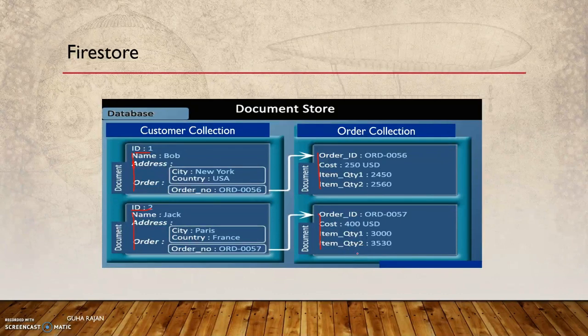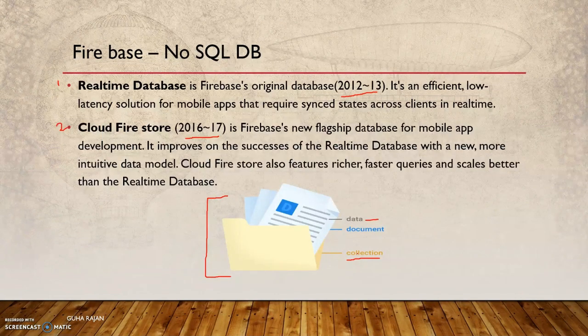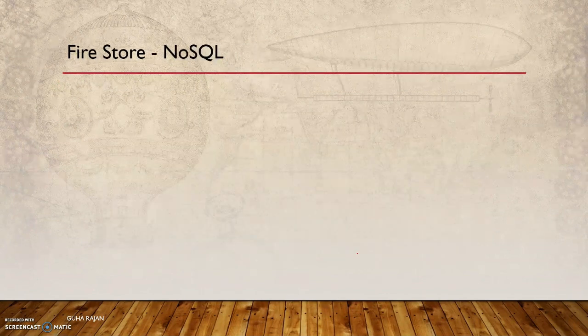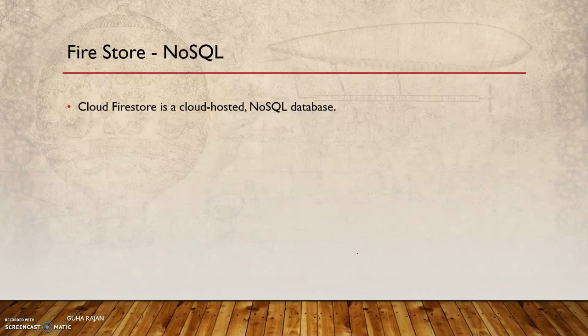So that is the document database of NoSQL in Google, which is called Firebase. They had the initial release as a real-time database, and the newer release is called the Cloud Firestore. We will look at both of them and how they are used, but just for the understanding perspective, I'm making this presentation.